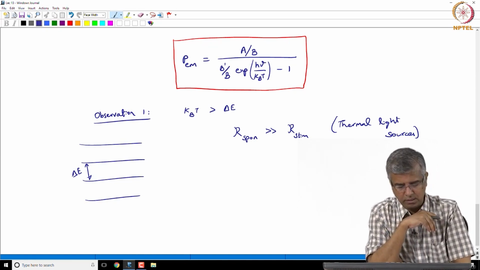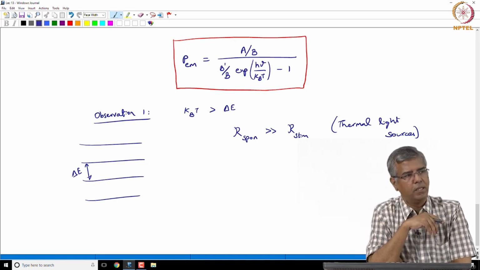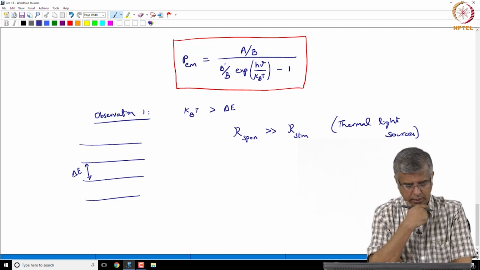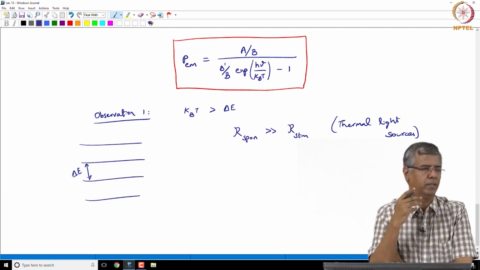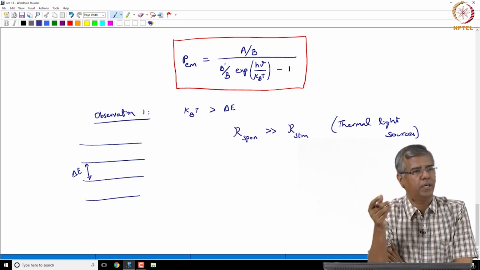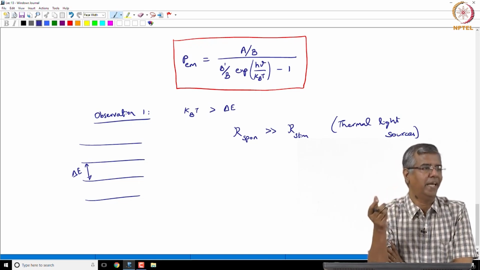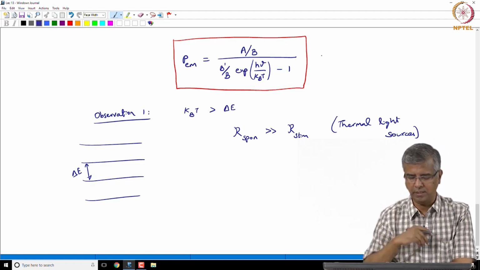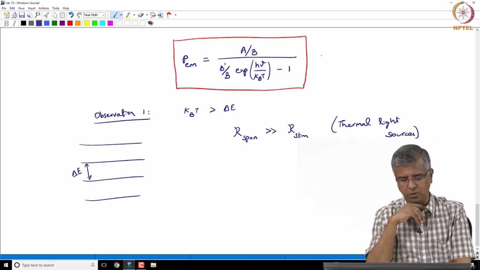So, if the electrons are having that higher energy level, then the probability of emission is fairly high. So, that is what mathematically you will see also, right. So, this will correspond to probability of emission being very high.